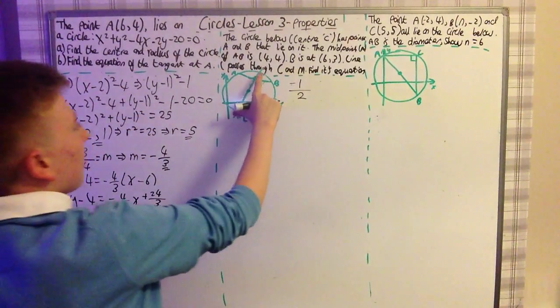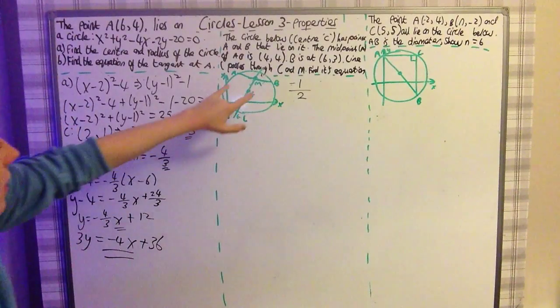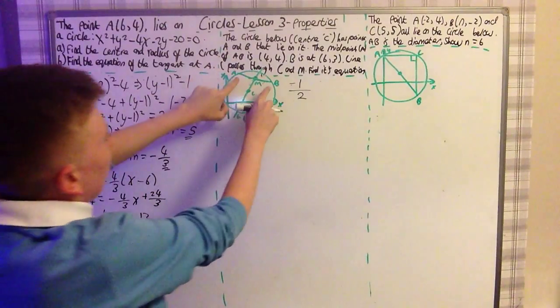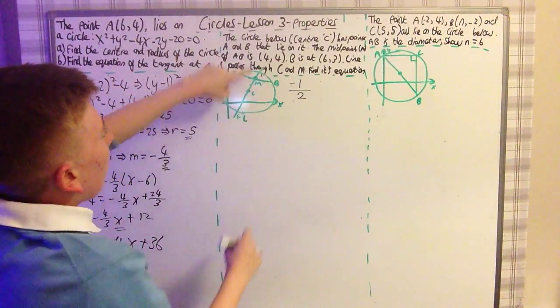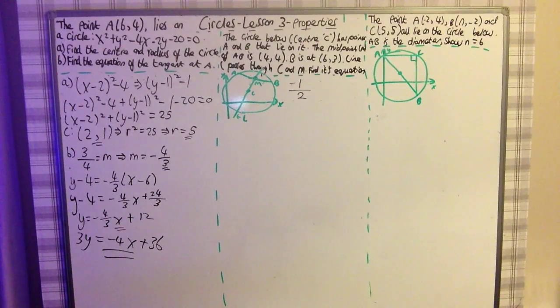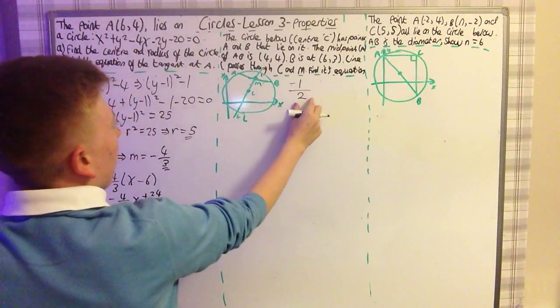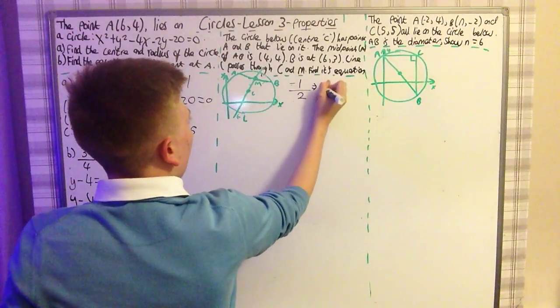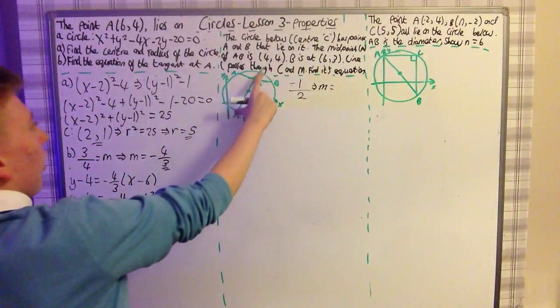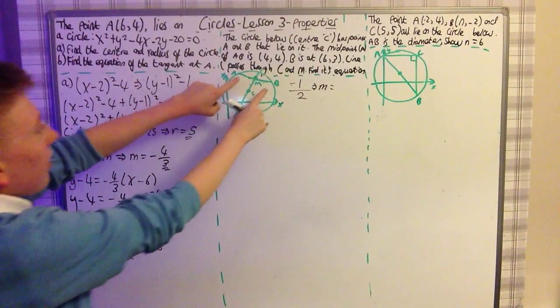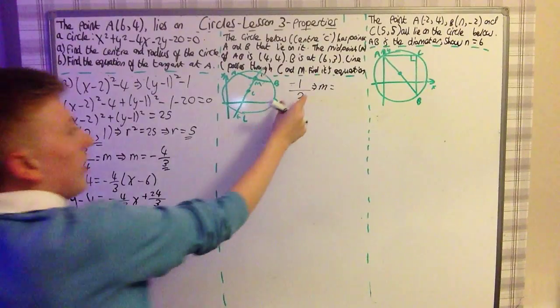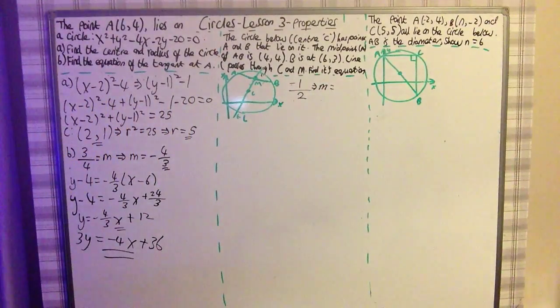Now, as you can see, if M also goes through the line L, then the line AB and the line L are perpendicular to each other. So this means that we can simply take the negative reciprocal of this gradient, and that will give us the gradient of the line L, because AB is perpendicular to L. So the gradient of L is the negative reciprocal of minus 1 over 2.